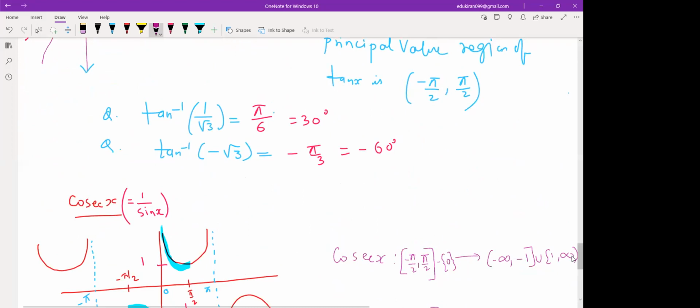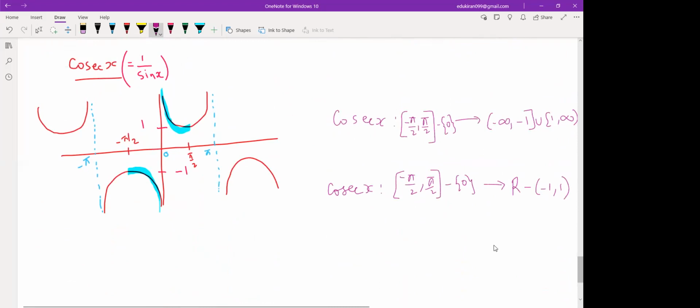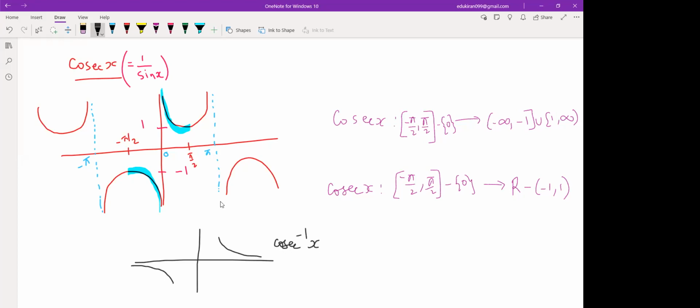So if you draw the graph of cosec inverse x, what you will do is you will draw it like this. And you will draw it like this. So this is cosec inverse x.